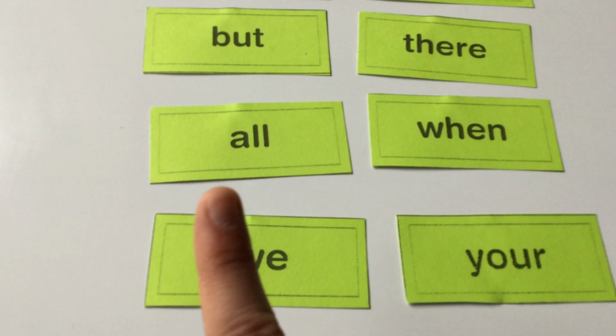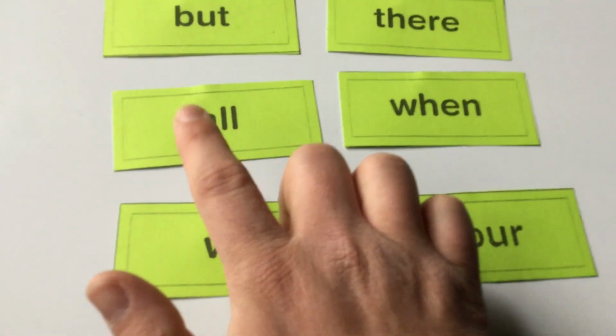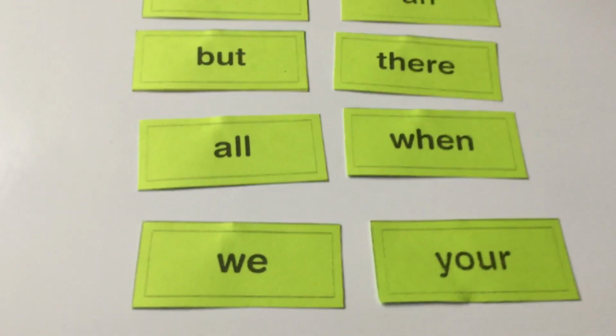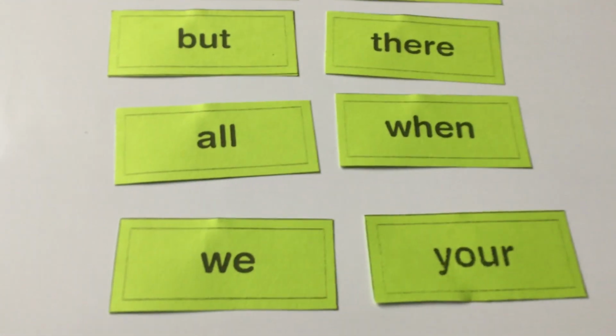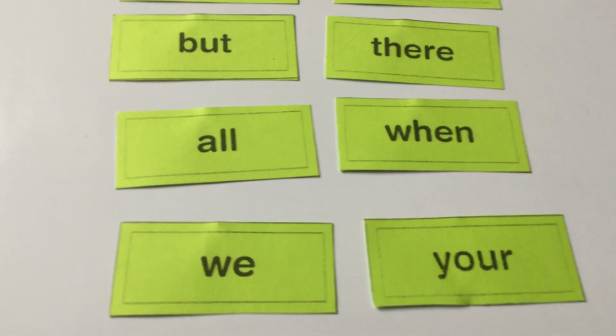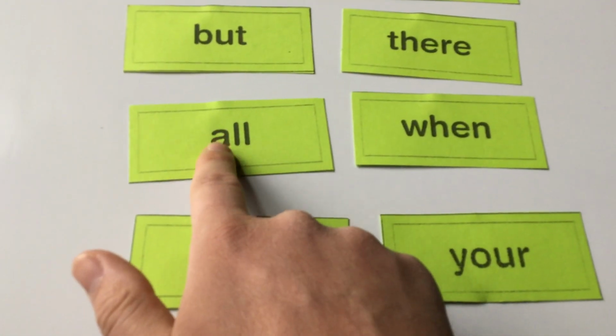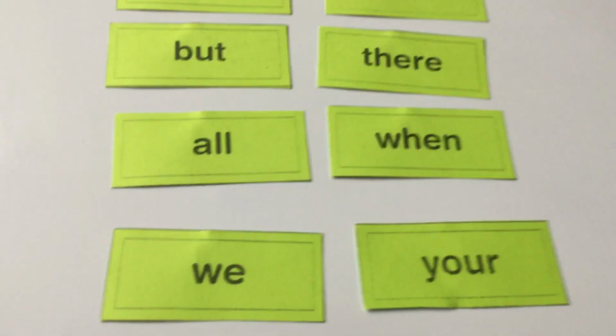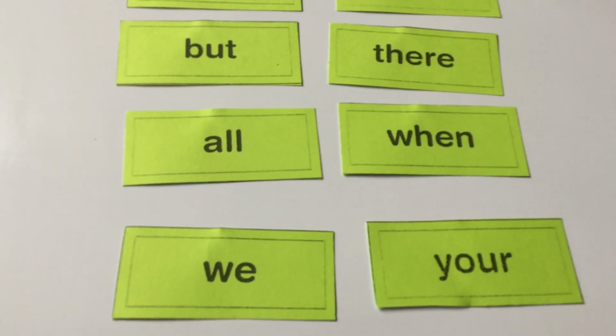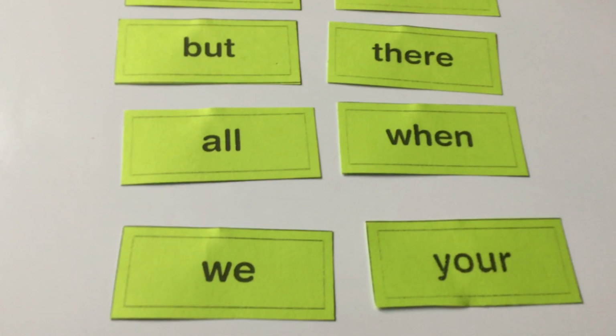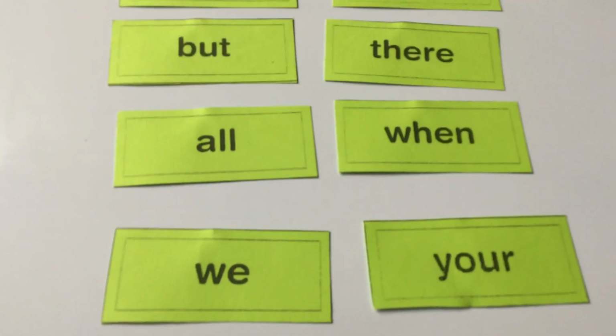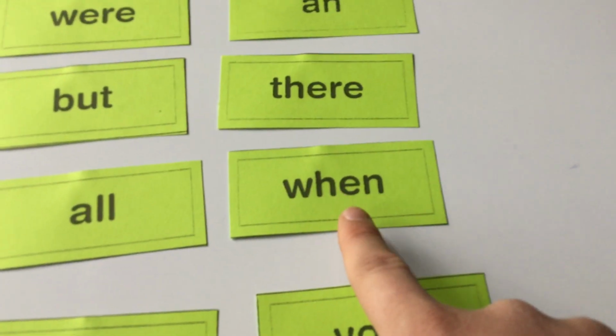If you said Aussie octopus, you're right. That's why it's a sight word. It should be O-L-L, but it's not. It's A-L-L. And yes, that's a fancy A. Okay? It's the same as when I'm writing it. It's still the same letter. All. Tough one.